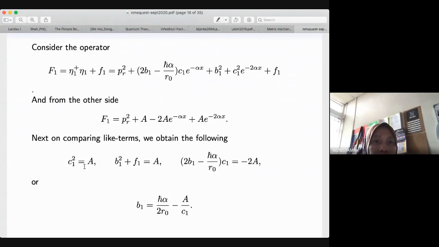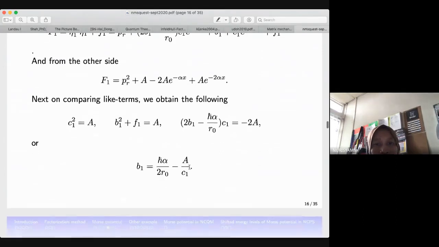So you arrive at C_1 squared equals A. Then you have another one, pure constants, which is A, and another one which is multiplications of that, and you make them equal. You can rearrange, and you can also have the relationship of B_1 and C_1 at least at this point.